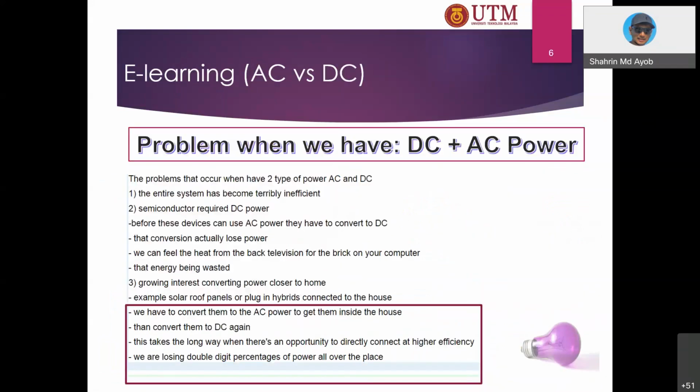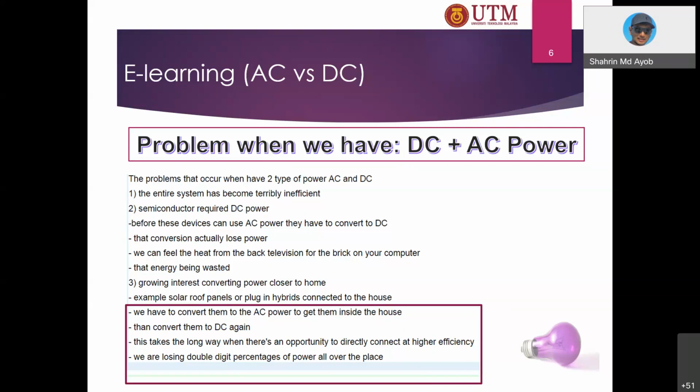Maybe you want to ask, why don't we just generate DC power? Because our load is DC, it would seem wise for the generator to produce DC power. But you need to bear in mind that we have a problem on the transmission side.